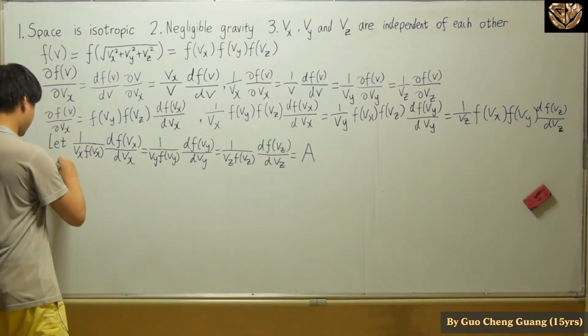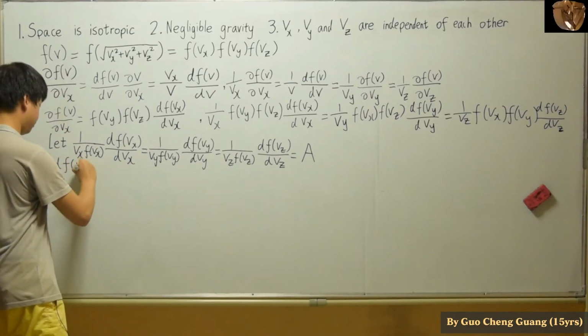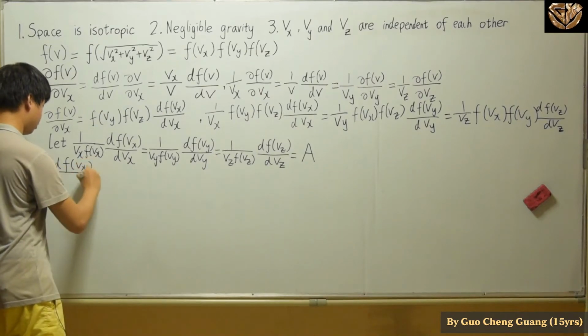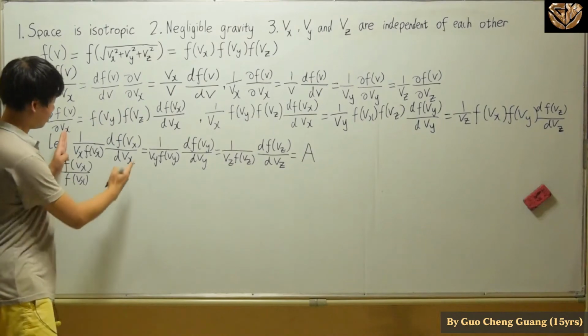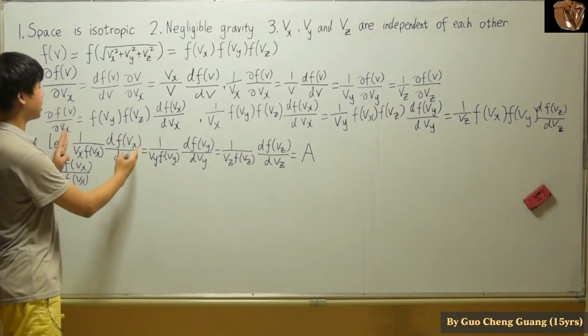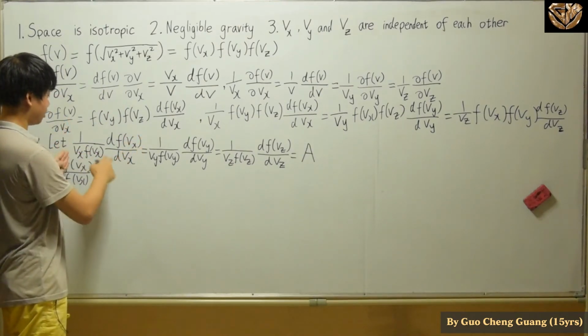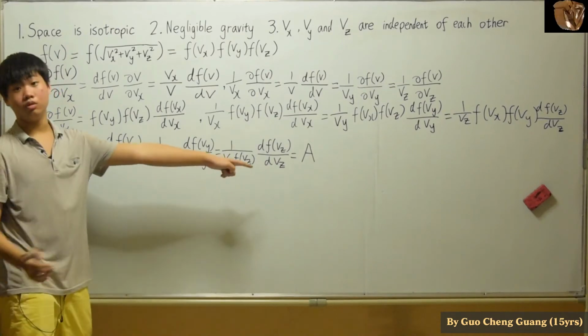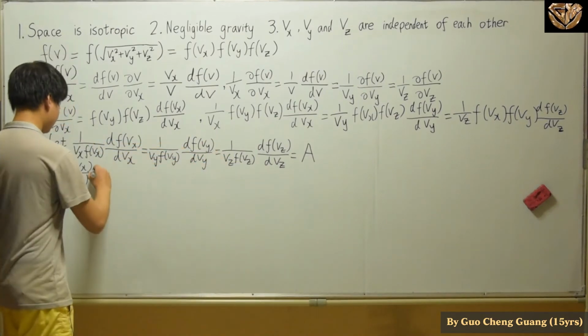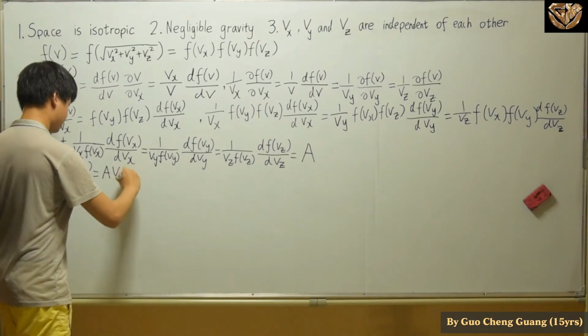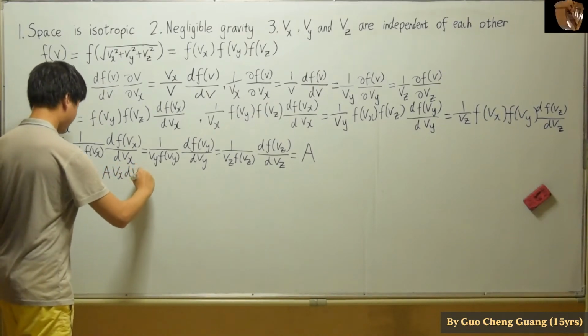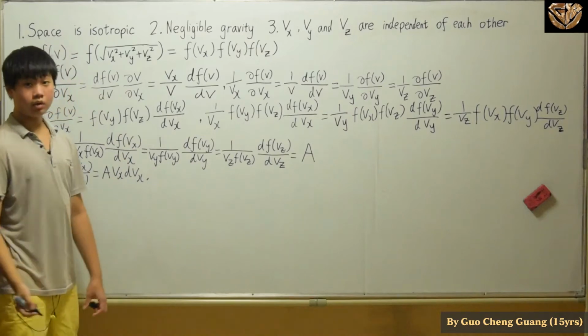So you're going to have df(Vx) over f(Vx). Now if you wonder how this works, you just have this here. You can multiply Vx and dVx to the other side, and this is equal to a Vx dVx.